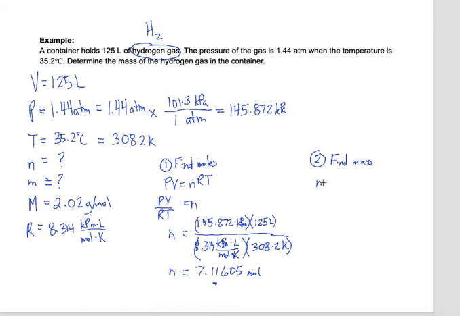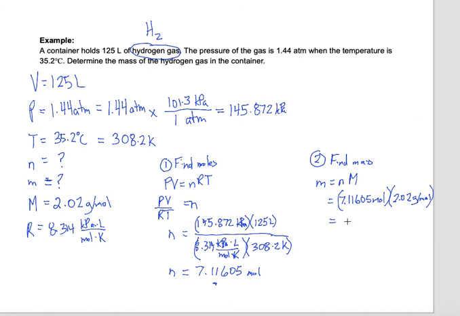The last step then, step 2, is to find the mass. And to find mass, we know that mass is moles times molar mass. So we're just going to take that 7.11605 moles and multiply by 2.02 grams per mole.